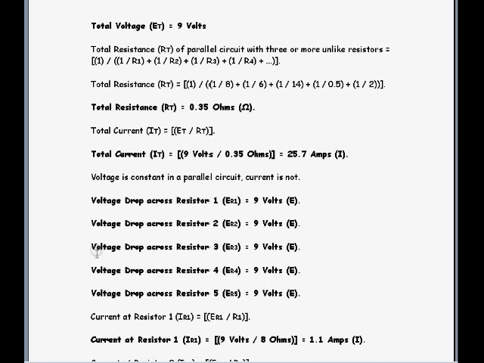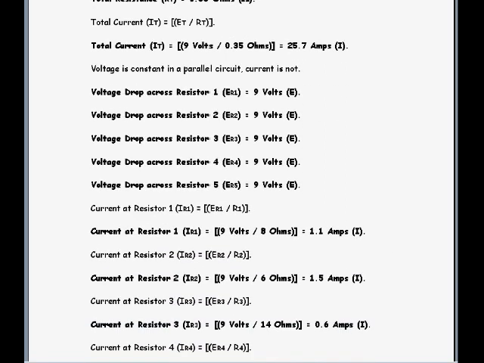And then of course the voltage drops across all the resistors are constant because there were no resistors in series between the parallel resistors. So there's no drop in the voltage, it's parallel. And so resistors 1 through 5 will have 9 volts.